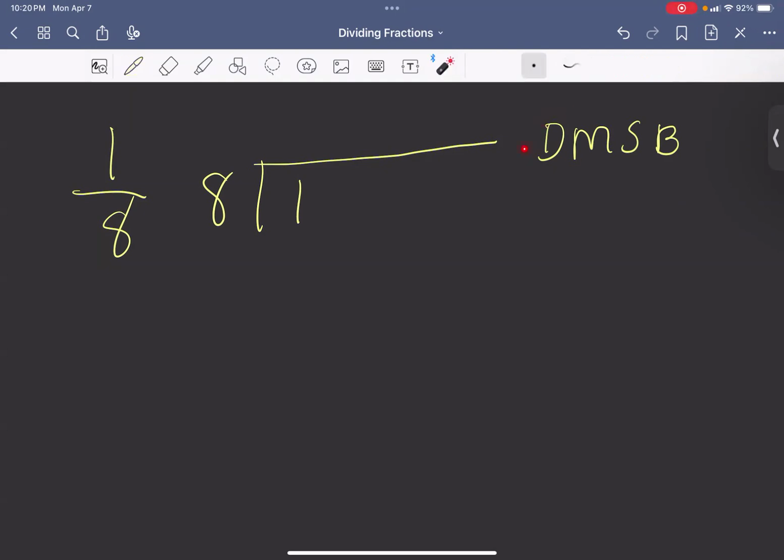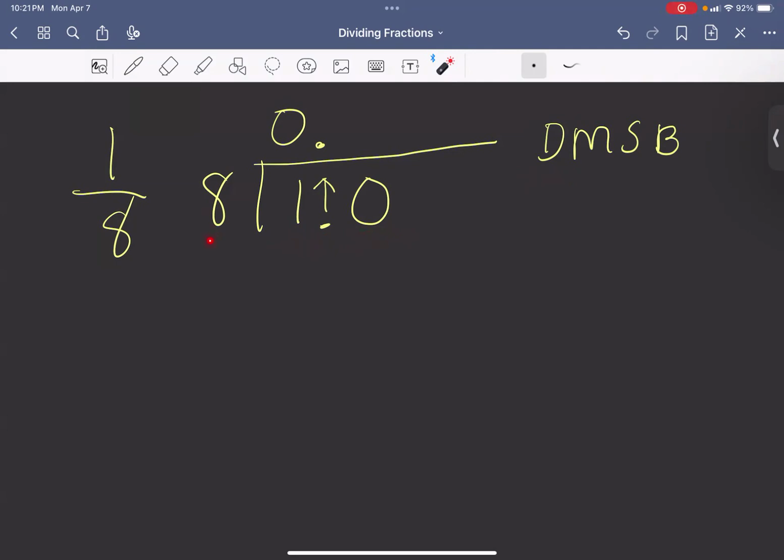We need to divide. 8 into 1 is 0. We can't do it. So what do we got to do? Add a decimal, bring it up, and now add a 0. Now we can divide because 10 is bigger than 8.